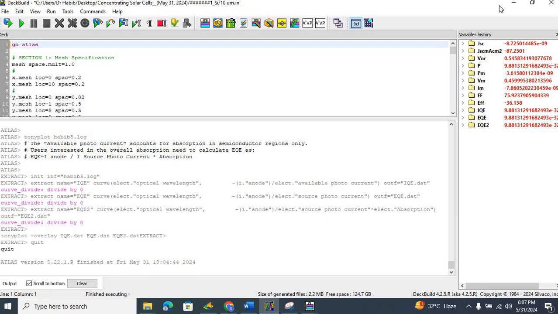In actual concentrator solar cells, if you concentrate the light by 100 times or by 200 times, by 500 times, this heats up the device as well, and because of that heating up, we don't actually achieve the theoretical performance of the device. We have to take away the heat.